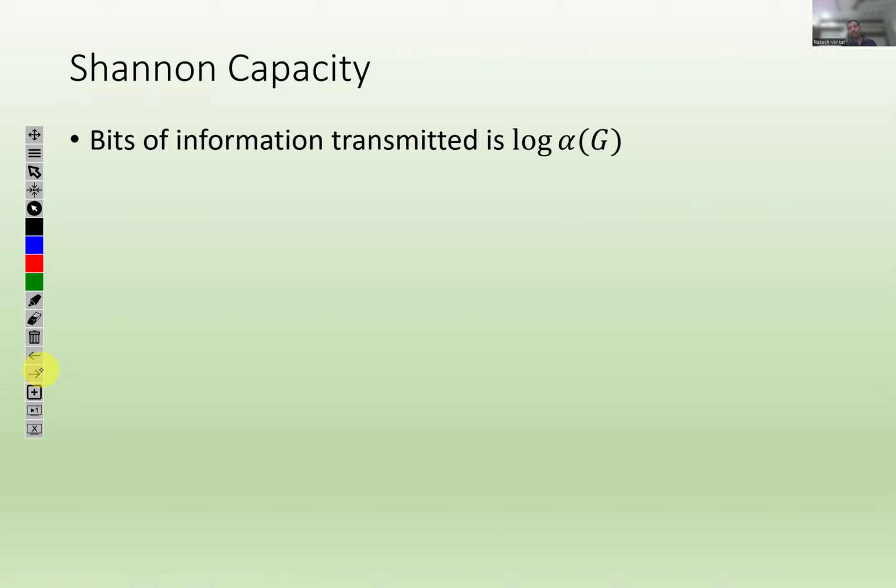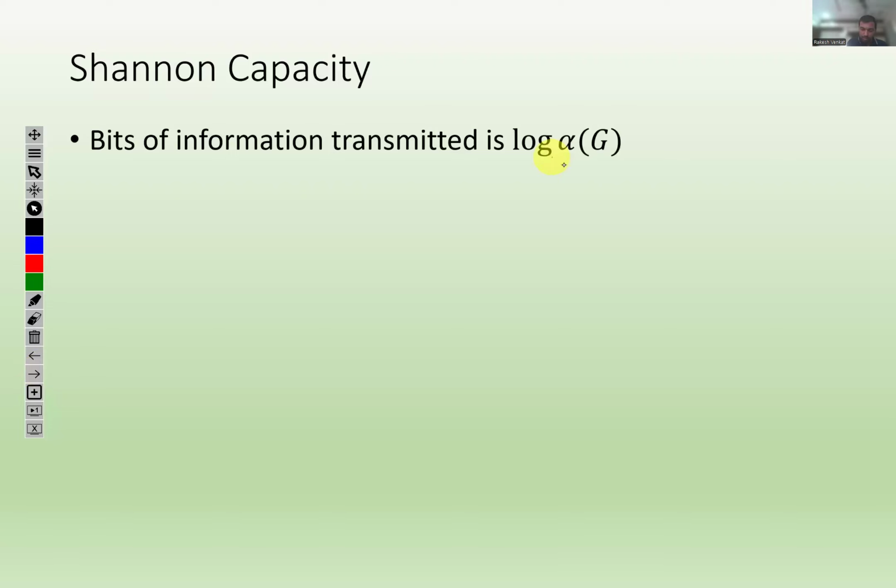In computer science, it's natural to think of binary encodings as a measure of information contained in a string. So suppose I'm transmitting one of 4 strings. Then it can be encoded using 2 bits, which is log to the base 2.